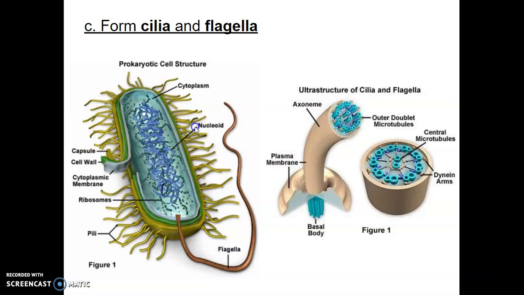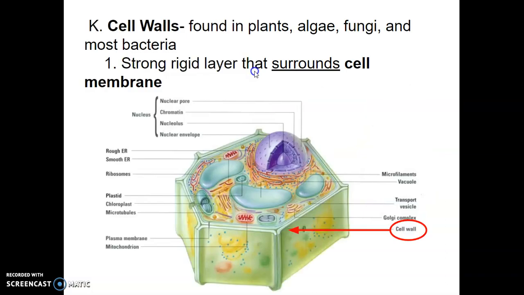So it enables them to move around or to latch on to food sources or different objects like that. So just know, cilia and flagella, they're kind of cool when you really start studying them. Sadly, we won't get too much into them. Check out all these tubules that it does. Anyway, it's interesting. If you really like microbiology, cilia and flagella are things that you want to look at.